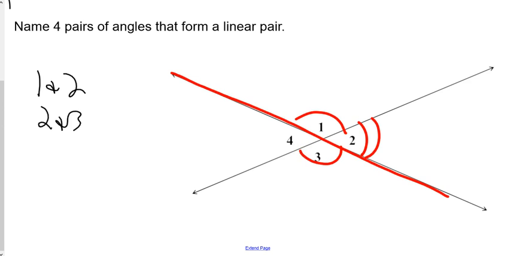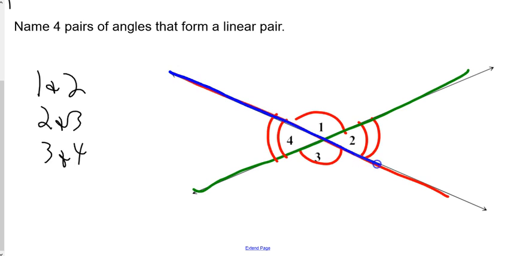So 2 and 3 form this line right here, 180 degrees. I can say 3 and 4. Three and 4 also, from underneath, form this line. And then 4 and 1. Again, they form this line.